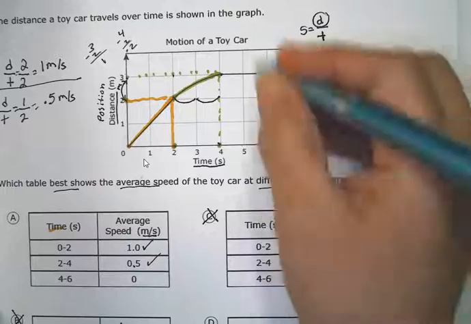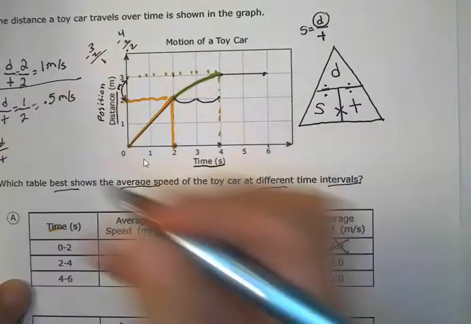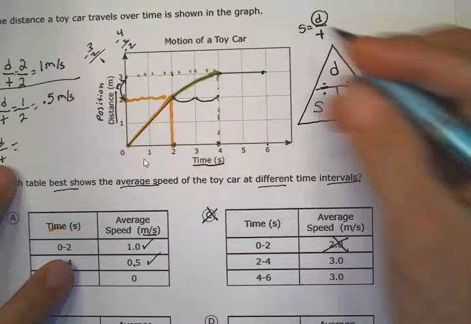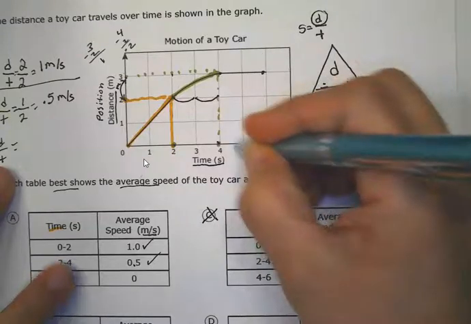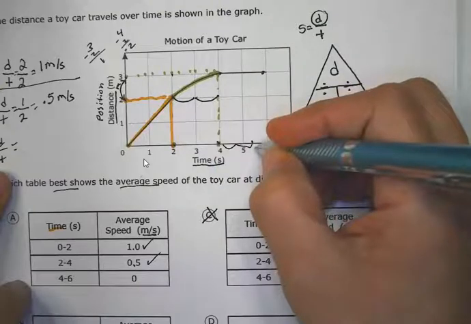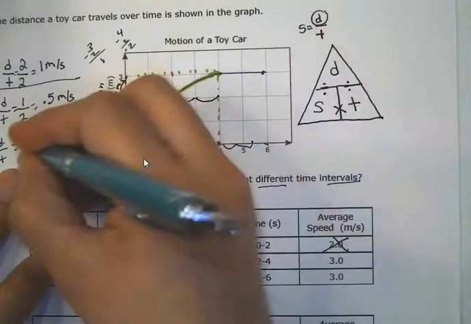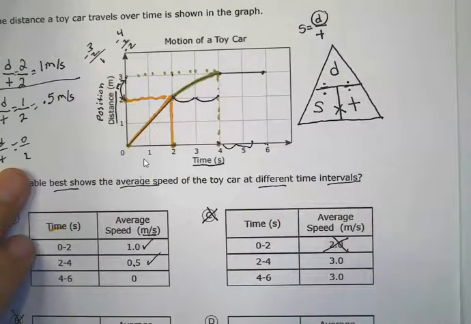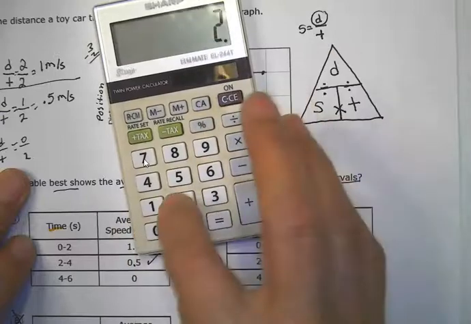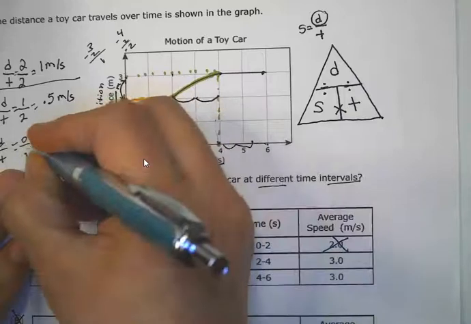Or if you want to do d over t from 4 to 6, 6 minus 4 equals 2. So the time is 2, and my distance was 0. So we put 0 over 2. 0 divided by 2 equals 0. There we go. That's just so that we could verify the information.